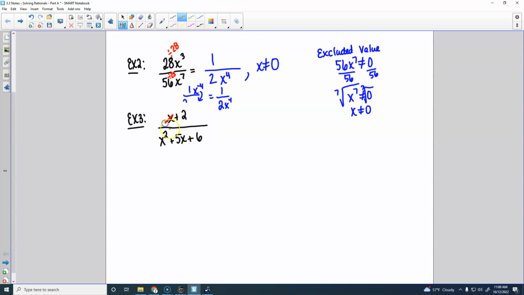They might cancel this x with maybe one of these x's right here. Now they're going to get 2 over x plus 5x plus 6, which will be 2 over 6x plus 6, which actually would reduce to 1 over 3x plus 3, although if they canceled that way, they probably didn't reduce it either. Can I do that? I cannot. Okay?